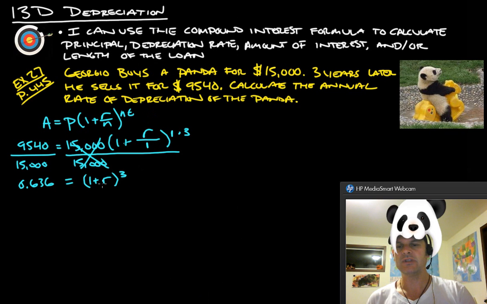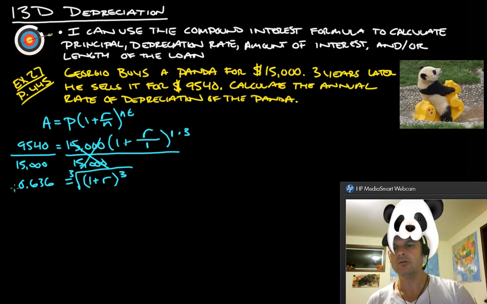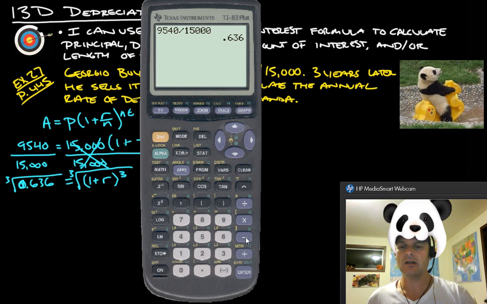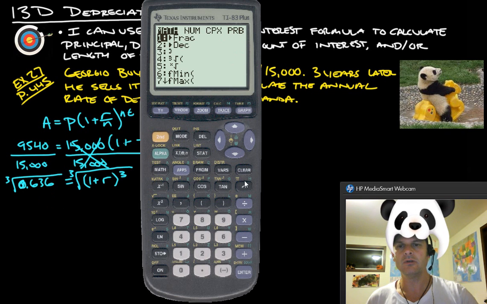Okay, so again, we're trying to get to r, so we have to get rid of that cube power there. So we take the cube root of both sides. So let's take the cube root of this 0.00636 here. So let's do third root.